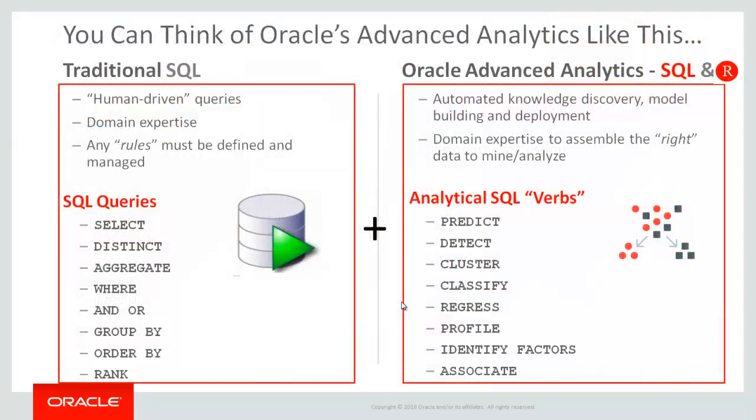So we can do all that very easily because of our in-database implementations, leveraging all the strengths of the database. You can think of Oracle Advanced Analytics as really extending traditional SQL that says, select all customers where I aggregate their purchases of shoes is greater than this.